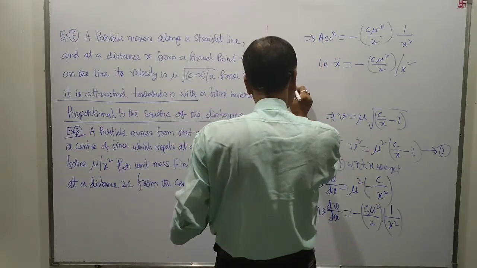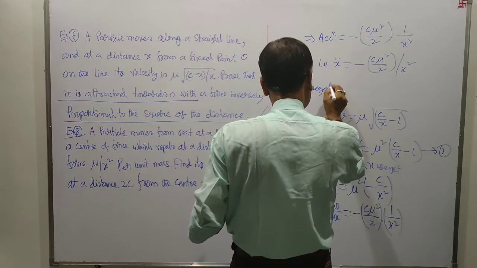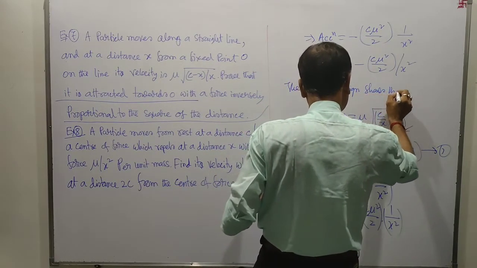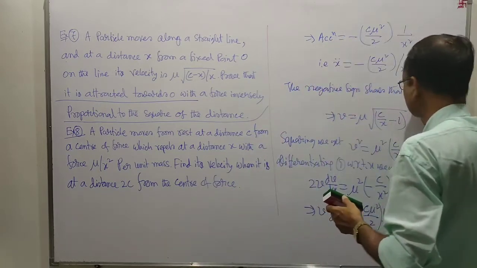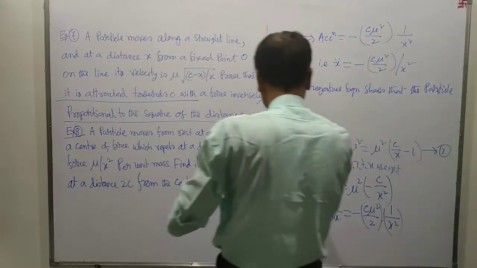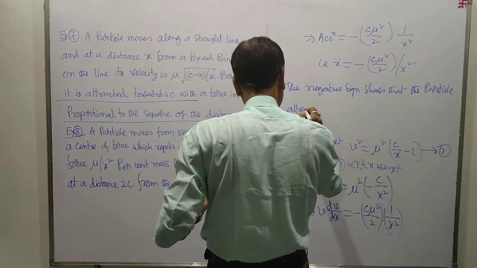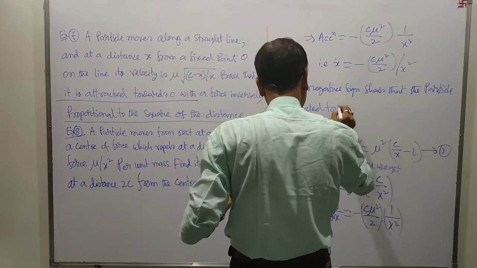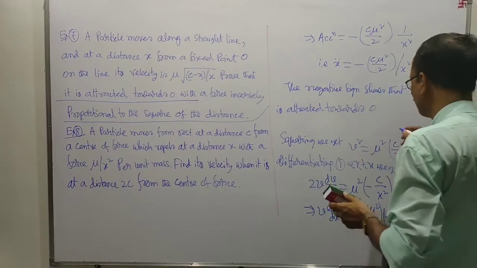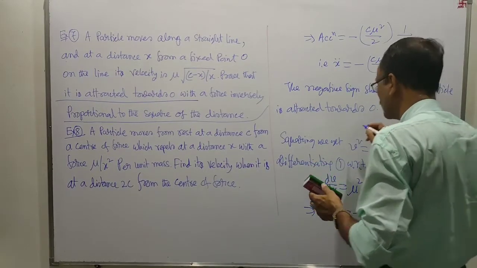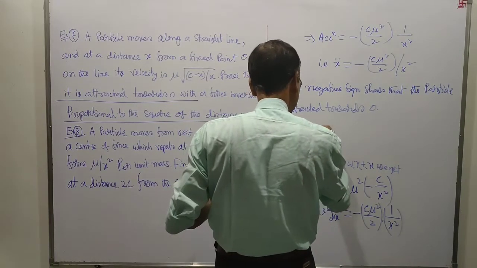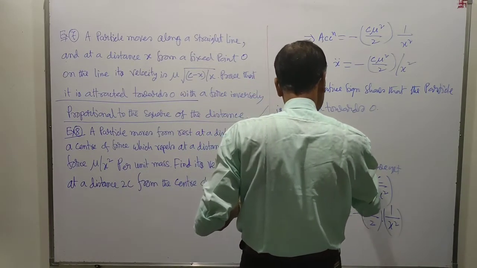The negative sign shows that the particle is attracted towards O, the fixed point O. Also, mu square by 2 is constant.